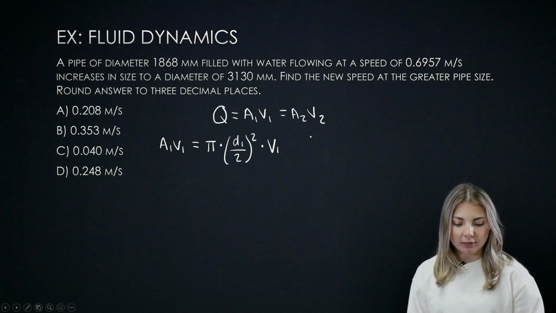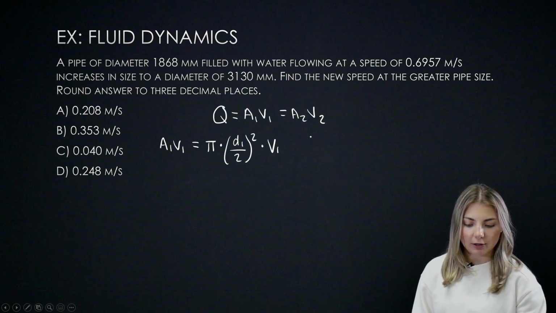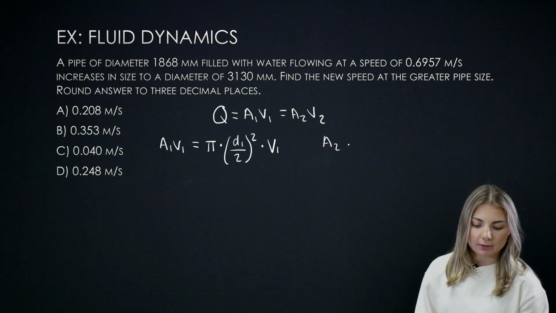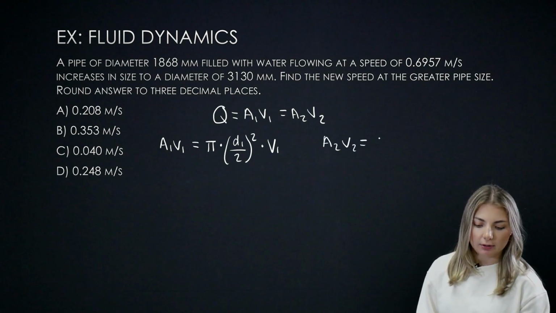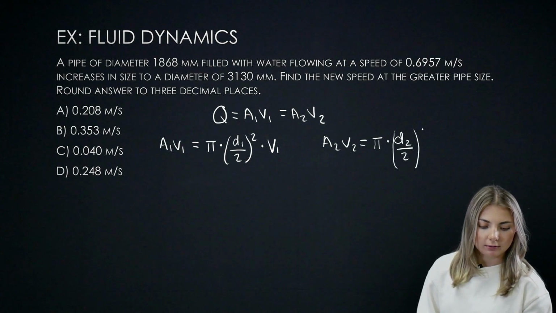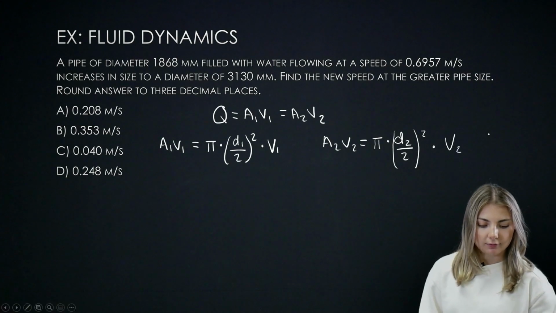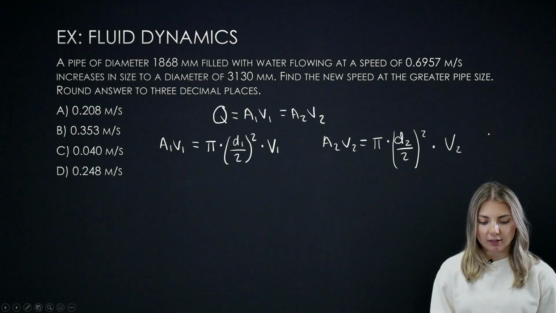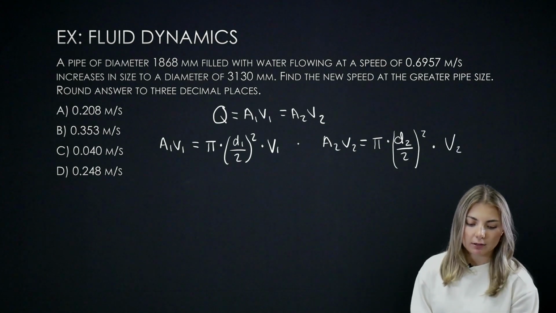And now we're going to do the same for the second part. A2 V2 equals pi times d2 over 2, and this value gets squared, times V2. So now we have each component, and we know that these are all equal to each other.